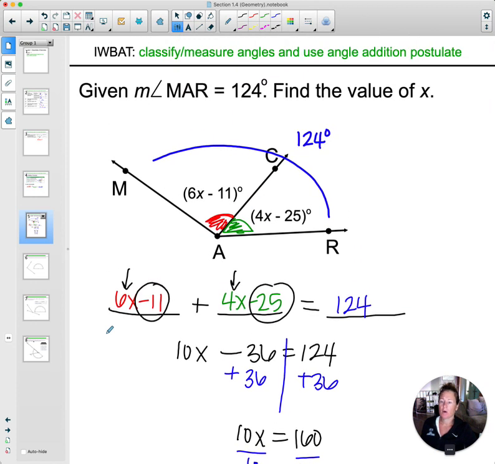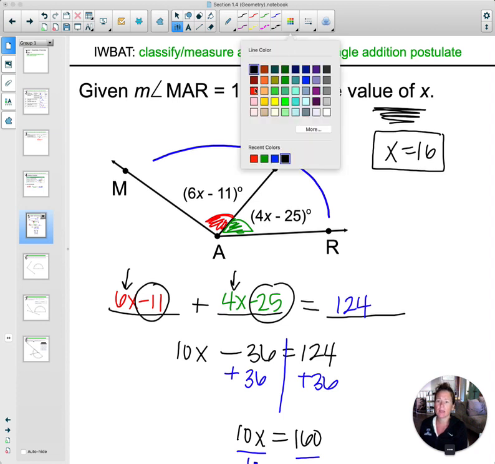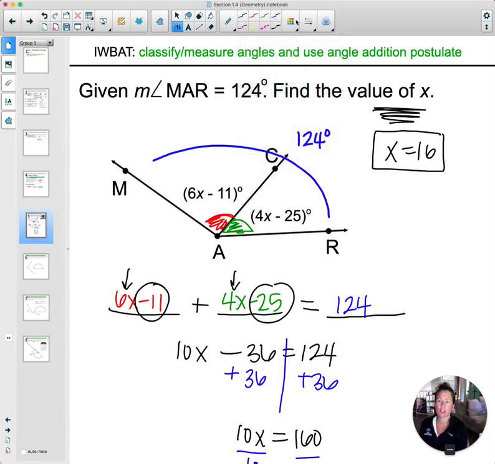So we just want to go up and make sure that we did what the problem asked, and in this case all it said was to find the value of x, so we are good to go. We don't have to do any more. You always can plug x back in to make sure that you did the problem correctly. So if you do 6 times 16 minus 11, you'd get 85 for this angle.